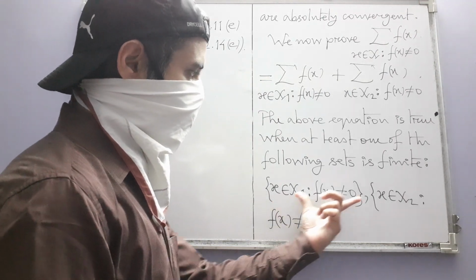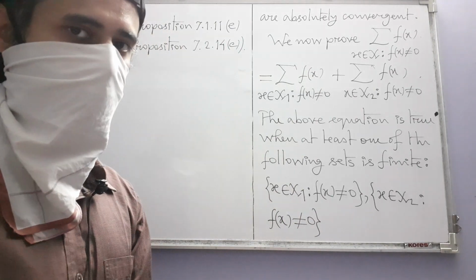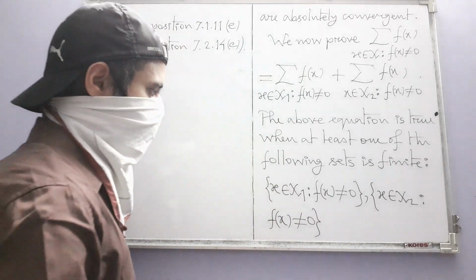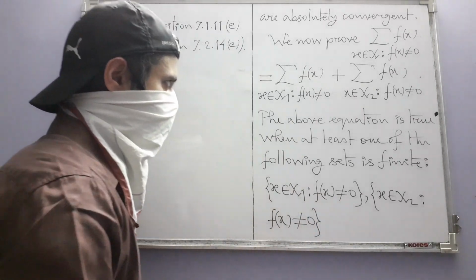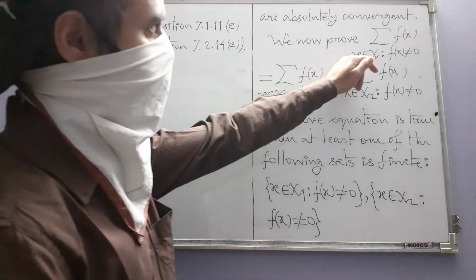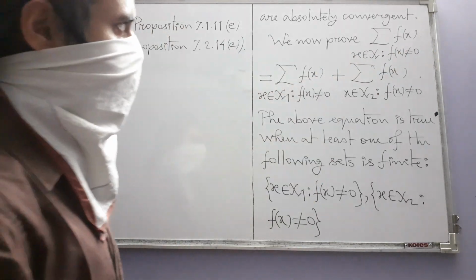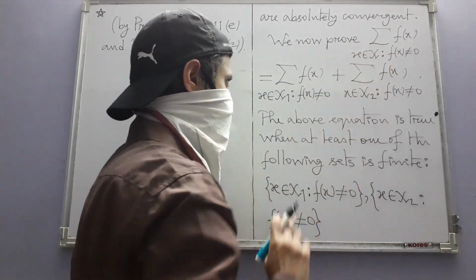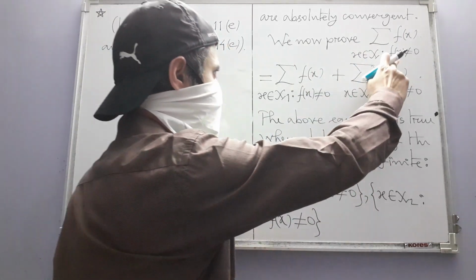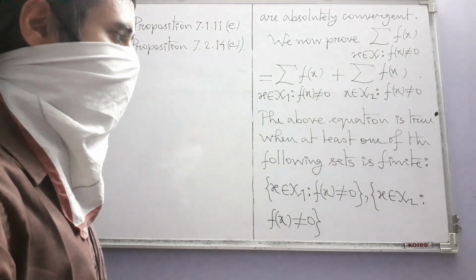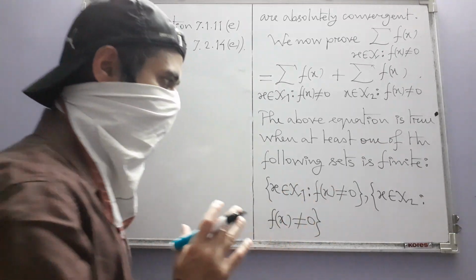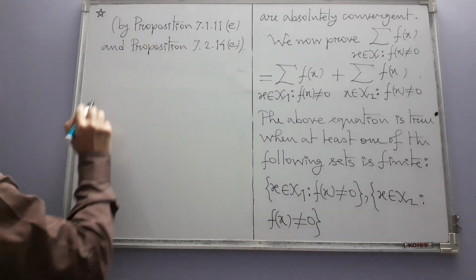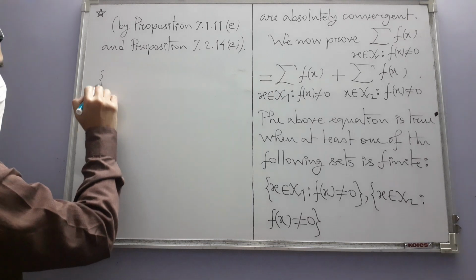If both of these sets are finite, then can you say something about this set, the set of those points in X at which f does not vanish? One thing you see immediately is that we have this relation.